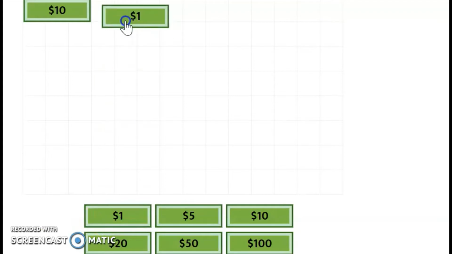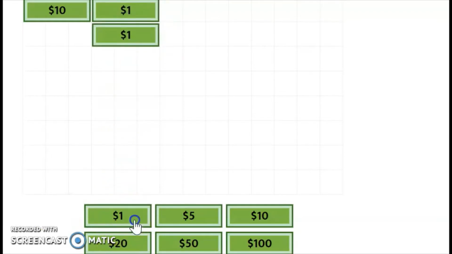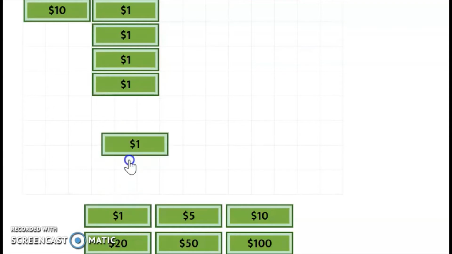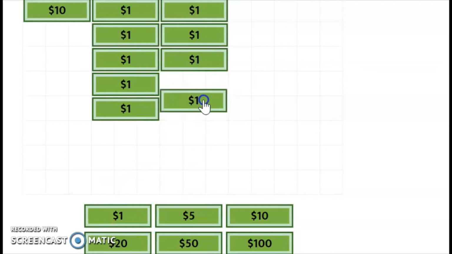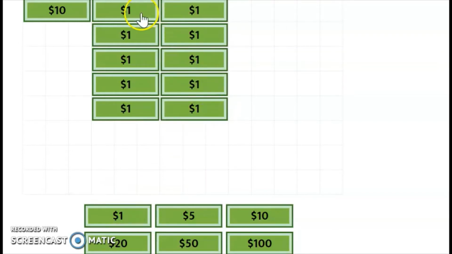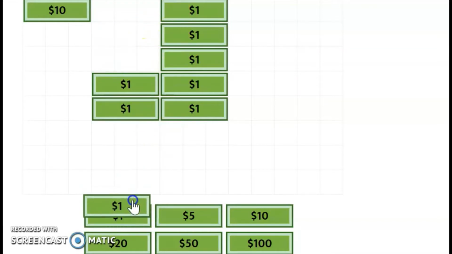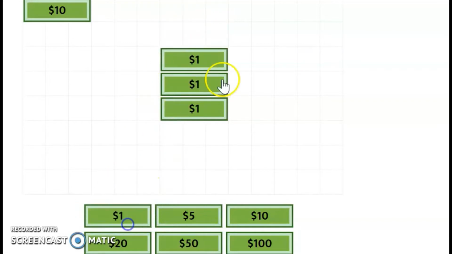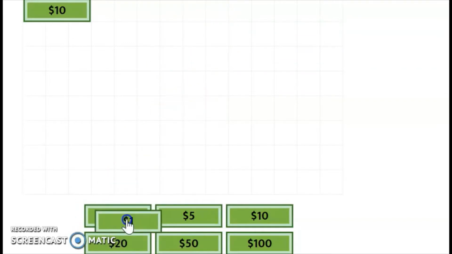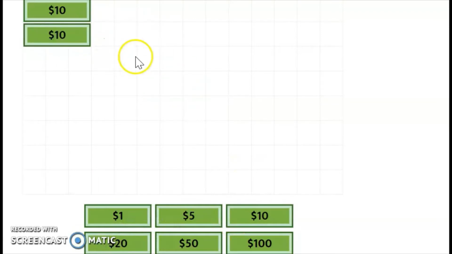We had 10, 11, 12, 13, 14, 15, 16, 17, 18, 19, 20, and I know that's another 10 right there, so we can switch out the 10 ones for one $10 bill. It also matches our number 20 because in the number 20, we have 2 tens.